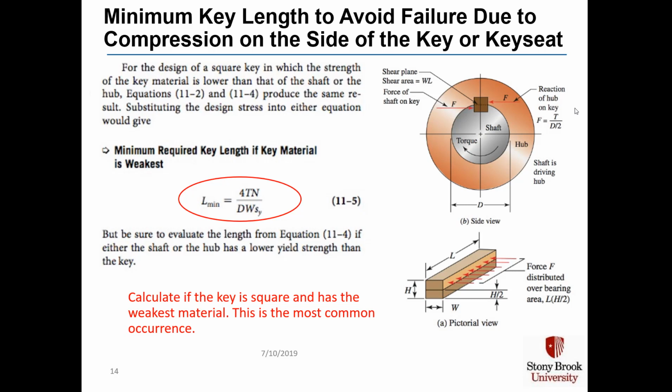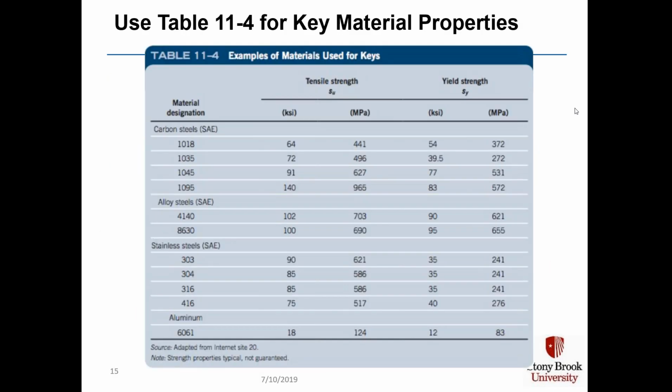You evaluate the length from equation 11.4 if either the shaft or the hub has a lower yield strength than the key, but if the key is the weakest material, and this is most common, use equation 11.5 as shown.